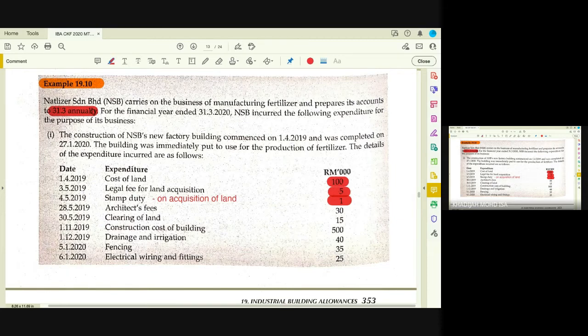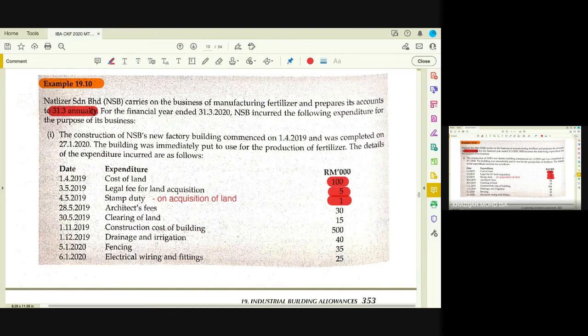For the financial year ended 31st March 2020, NSB incurred the following expenditure for the purpose of its business. Number one, the construction of NSB's new factory building commenced on 1st April 2019 and was completed on 27 January 2020.